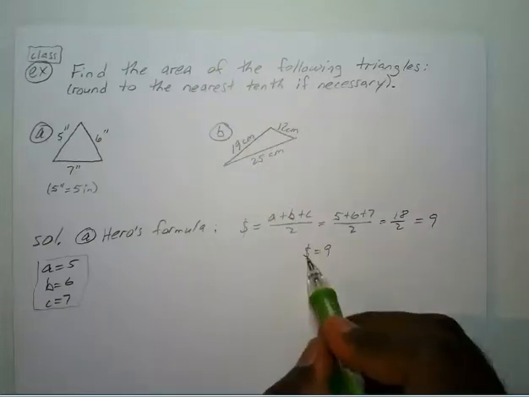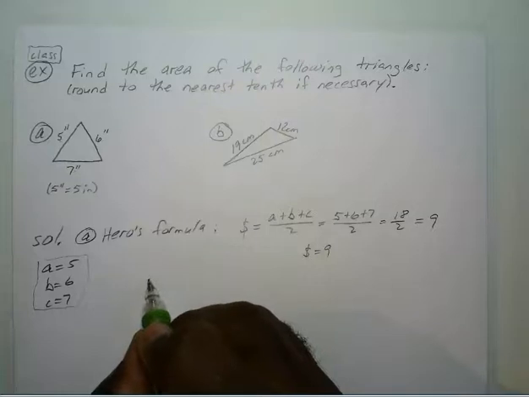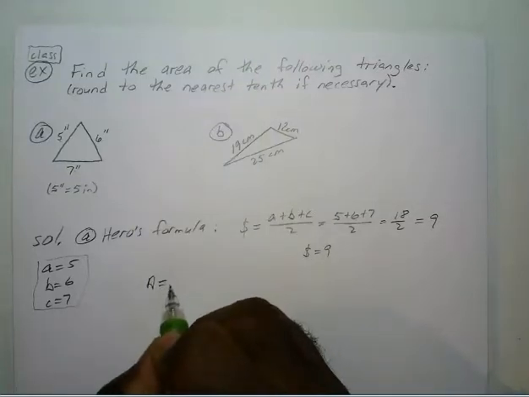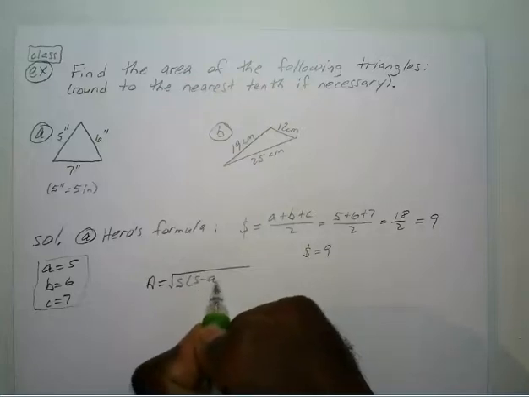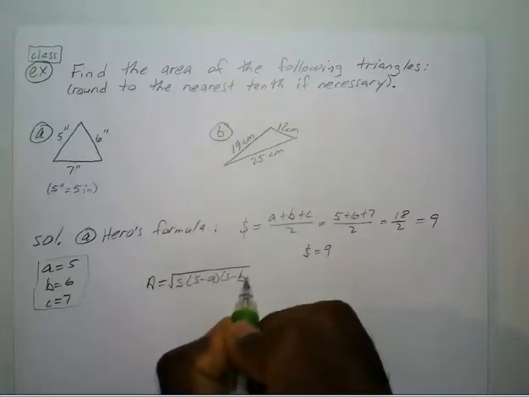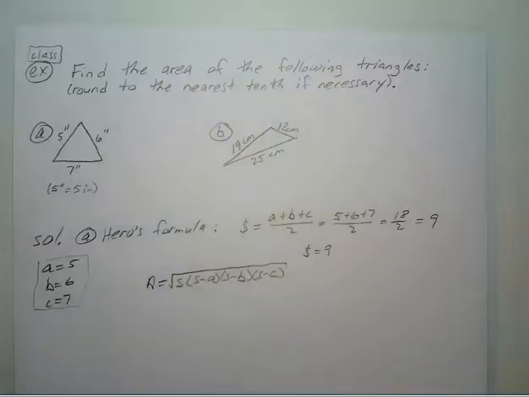Okay, so now that we have this, we can apply it to our formula. So A is equal to the square root of S times S minus A times S minus B times S minus C. Okay, so we go ahead and replace the S with 9, the A with 5, the B with 6, and the C with 7.